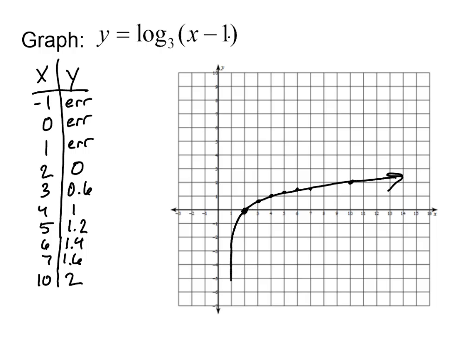This graph's asymptote is at 1, mostly because, as you look here, 1 is the last number that I cannot plug in. So that is where the asymptote is going to be. That is the limit that the graph has. It is never going to go past that point of x equals 1.